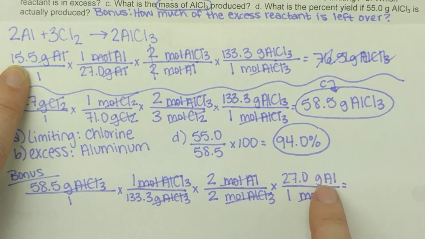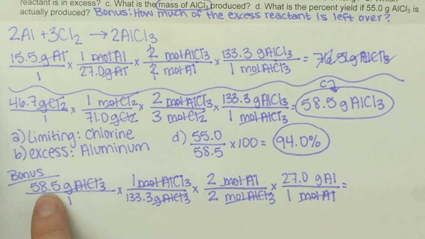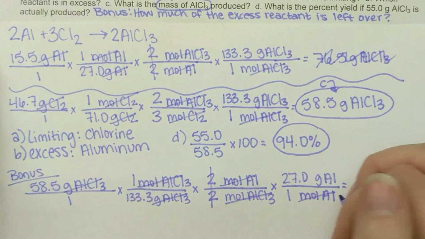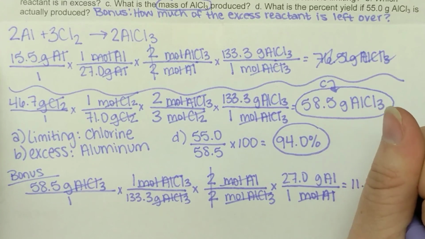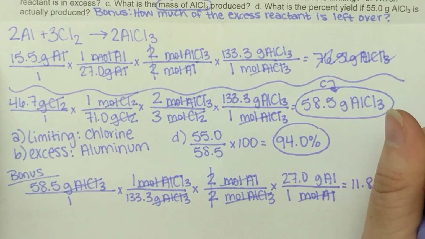Everything canceled except for grams aluminum. So if I calculate this, these also cancel. 58.5 times 27, and then divide that by 133.3. And I'm going to get 11.8 grams of aluminum.